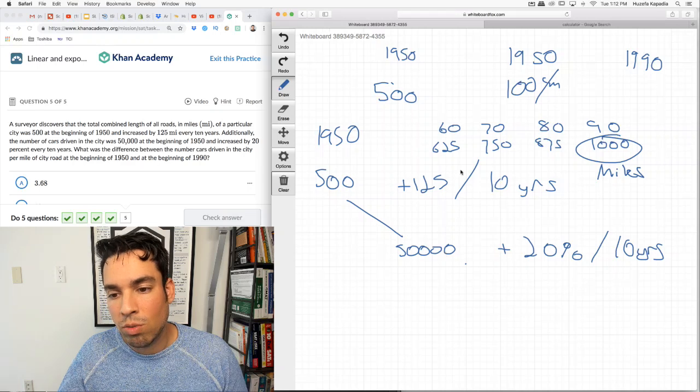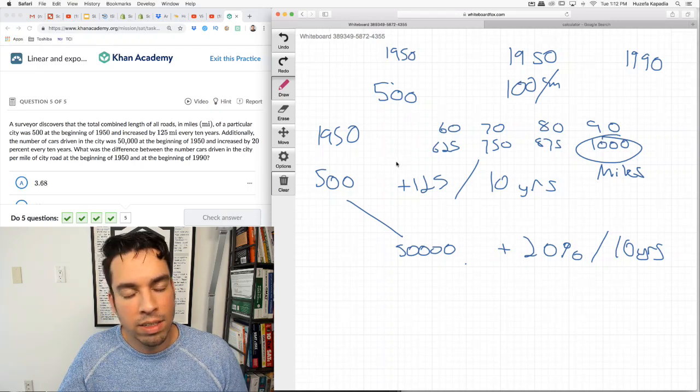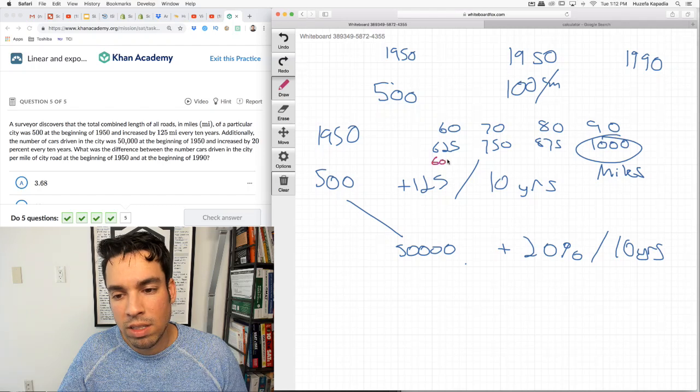So it's going to increase every 20%. So let's put cars in red right below it. So it's 50,000, of course, in 1950. Then it goes up by 20%. Now it's at 60,000. Then 20% of that is 12,000. So now it's at 72,000.